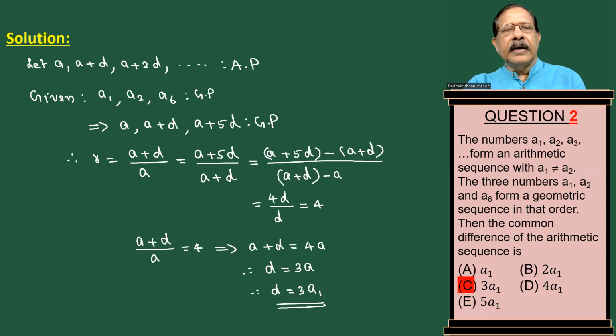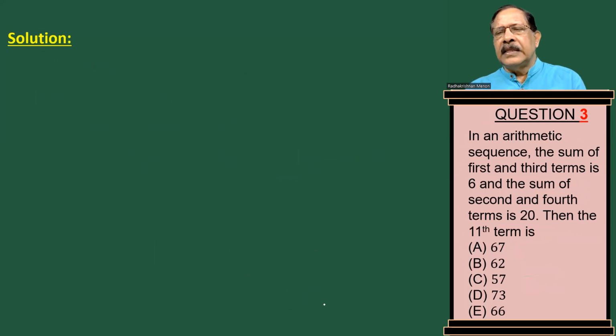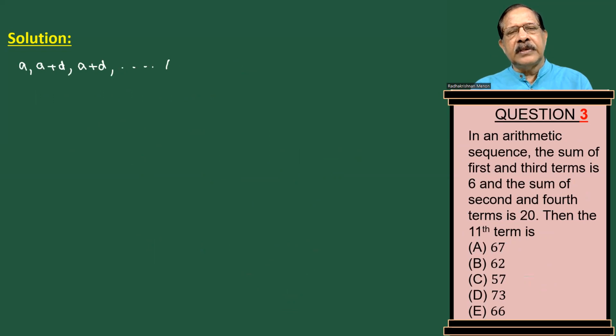Okay. Now the third question. In an arithmetic sequence, the sum of the first and third term is 6. Let the sequence be a, a plus d, a plus 2d, the arithmetic progression.